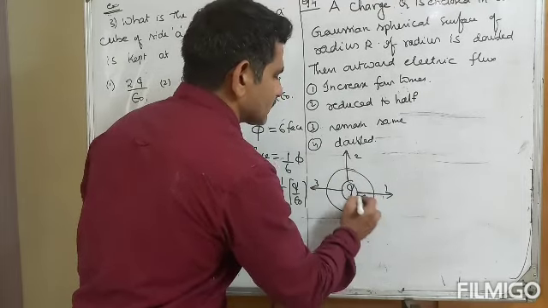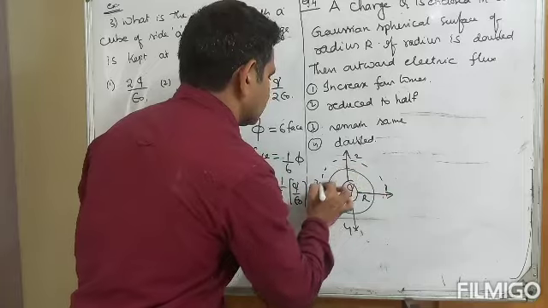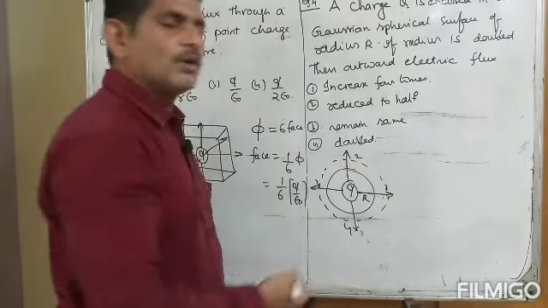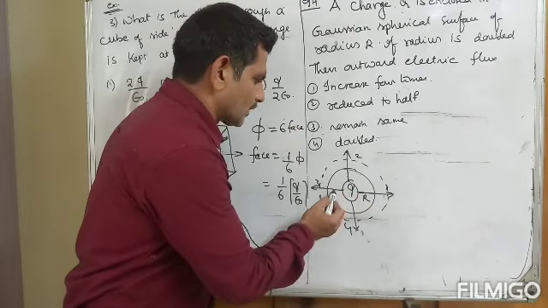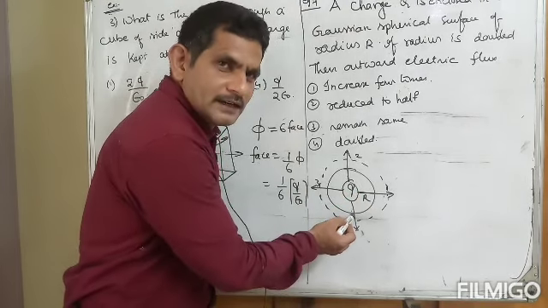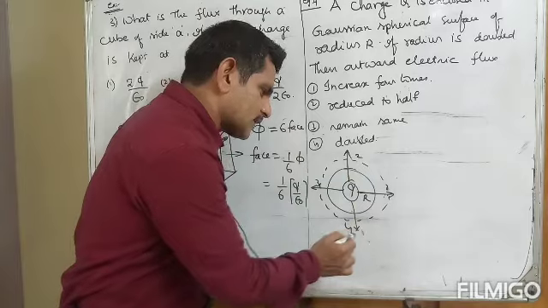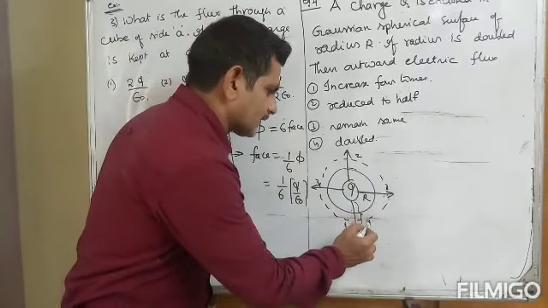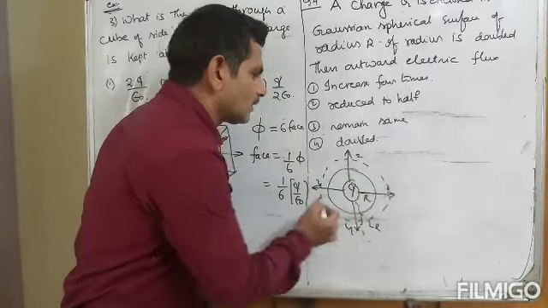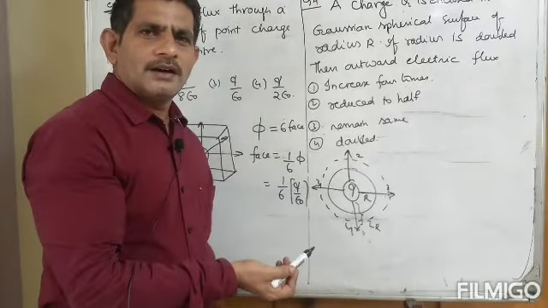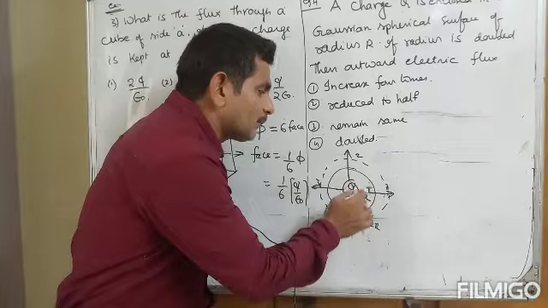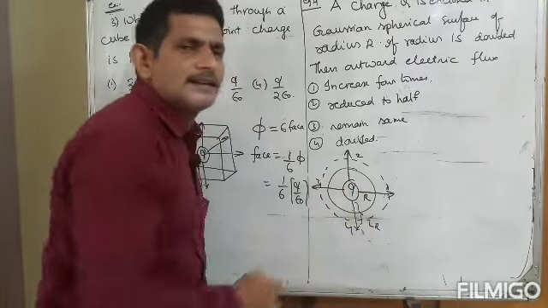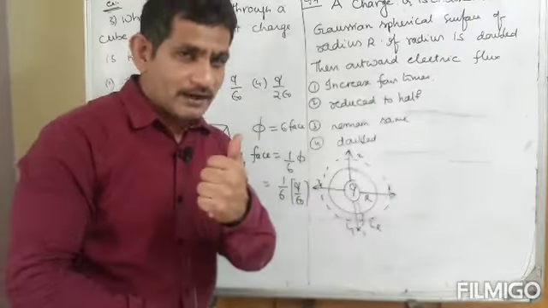If the Gaussian surface is taken with double the radius, how many lines will go? The same. Are you getting my point? So the electric flux is independent of the radius. I hope you can understand, right?